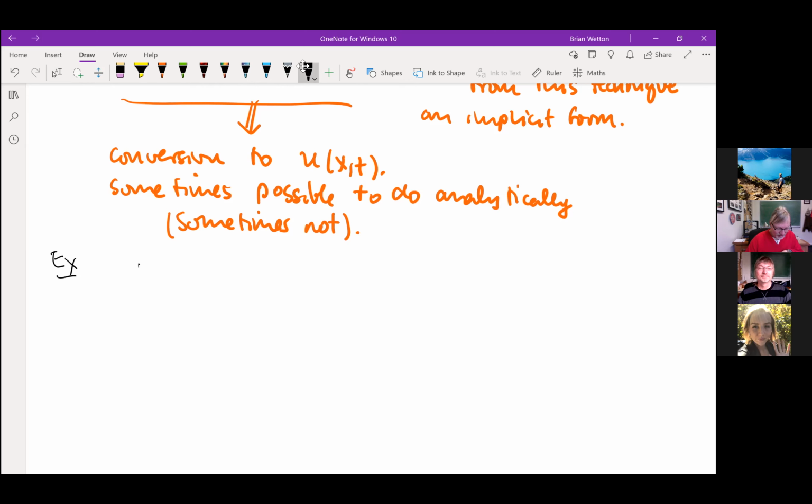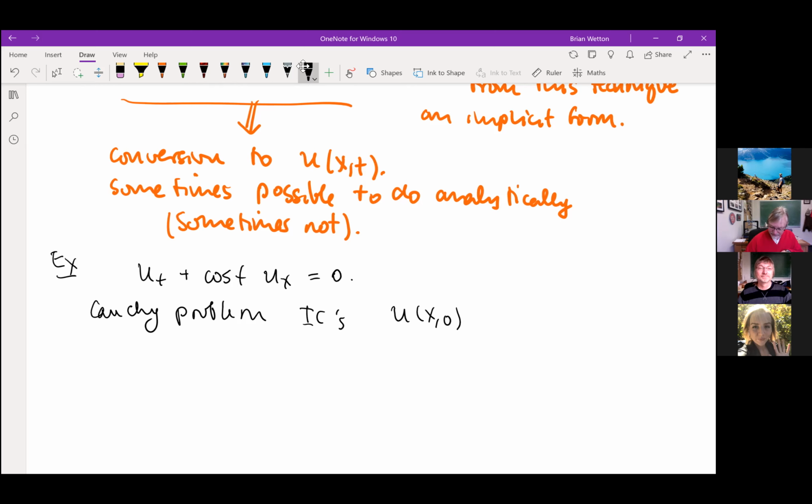I'm going to have ut plus cosine t times ux is equal to 0. And I'll do the Cauchy problem, which means I have initial conditions given. And this is for all x.